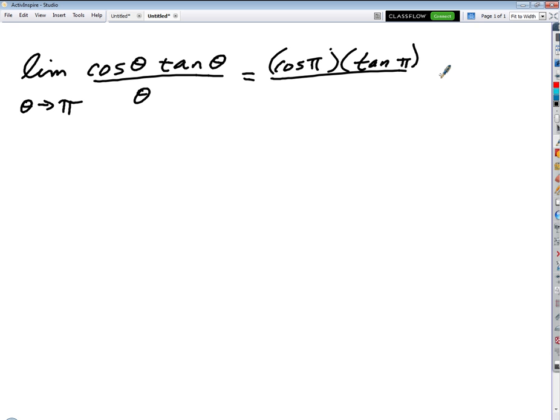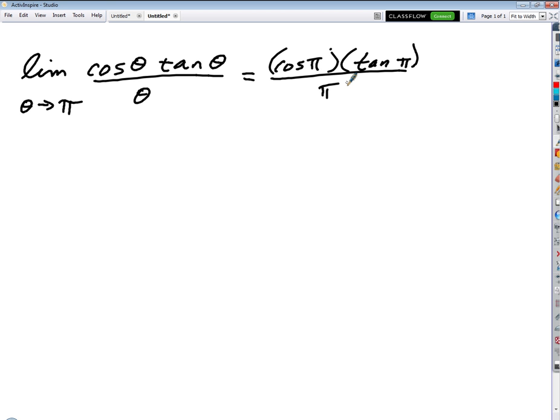What's the problem? Tangent of pi is 0 over -1. How do we know that? Because we were in precalculus.